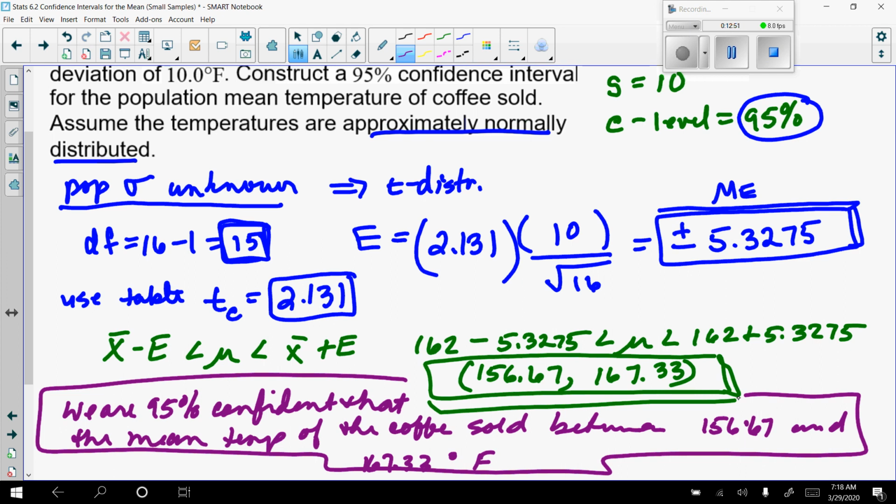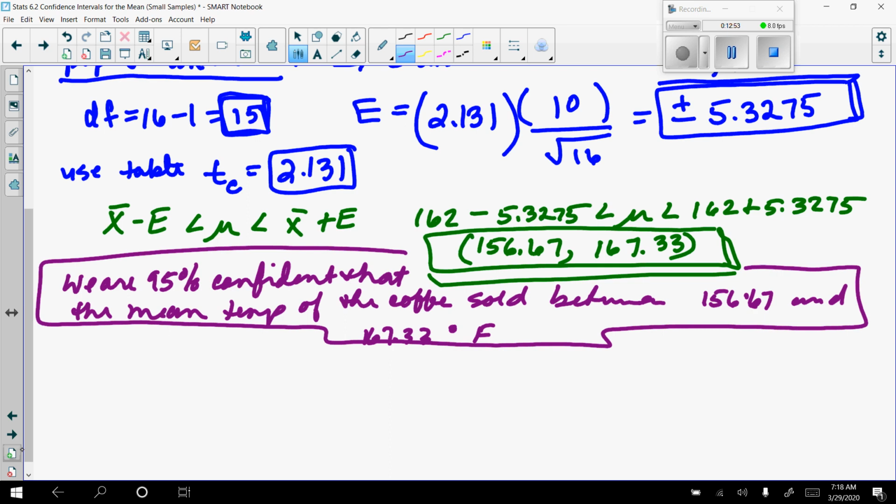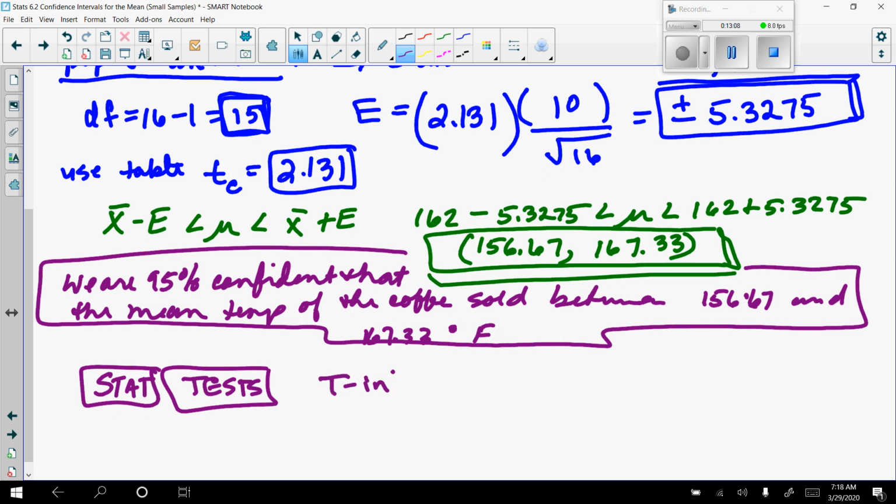Remember, you can use the calculator to calculate this also by going to Stat, move over to Tests, do a T interval.